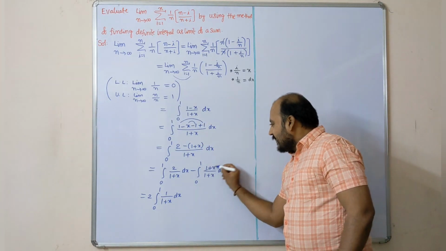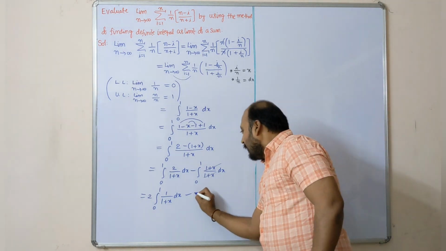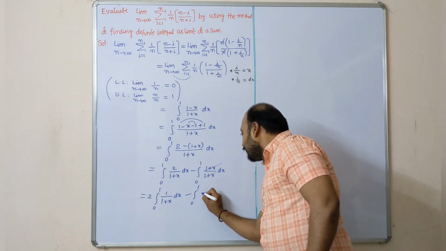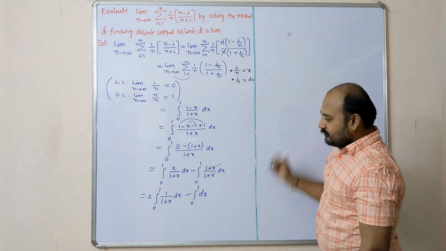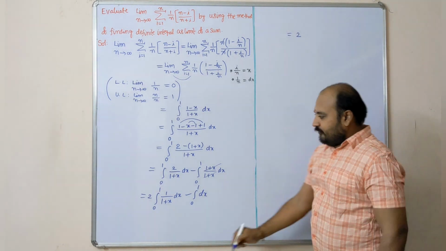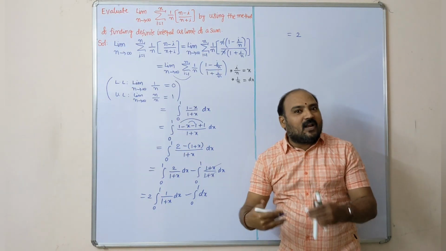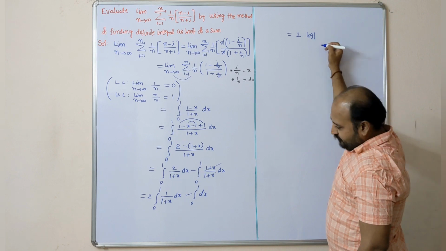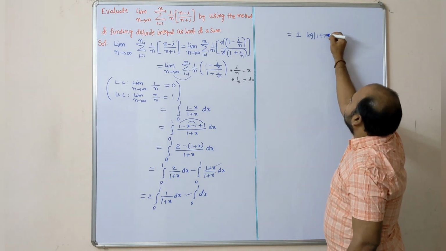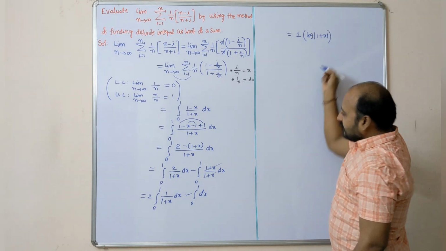So here 1 plus x gets cancelled, minus integral 0 to 1 dx. So which is equal to 2 into integral of 1 by x, which is log mod x. So log mod 1 plus x. After that we can apply the limits, dear students.